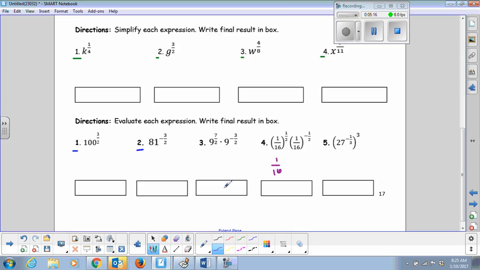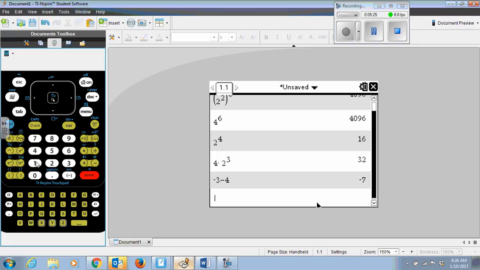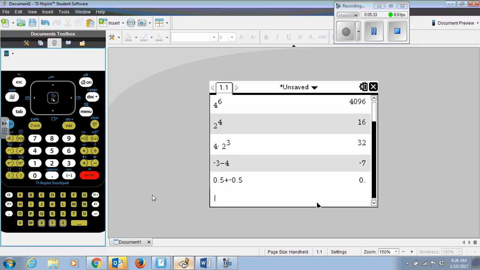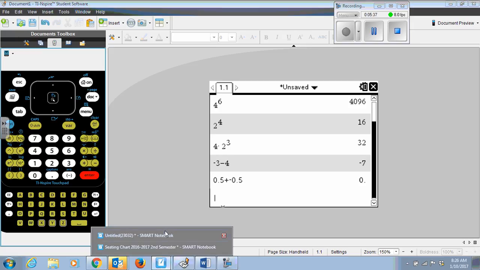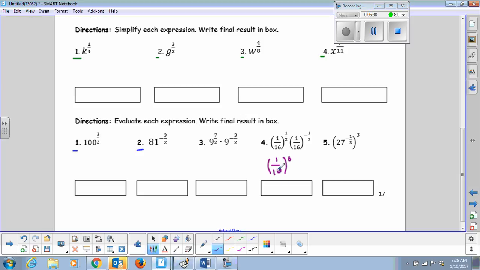So 1/2 plus a negative 1/2 is 0. If you want to check that, 0.5 plus negative 0.5 is 0. You can try that with fractions if you don't believe me, but it's definitely 0. And then 1 over 16 to the power of 0, that's just 1.